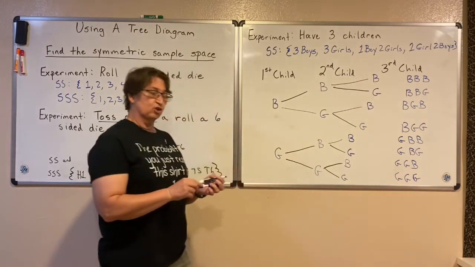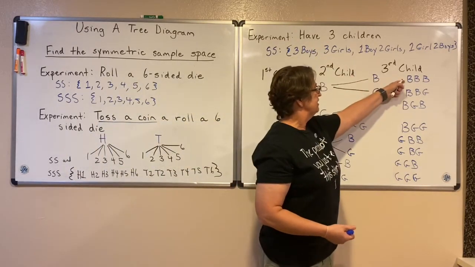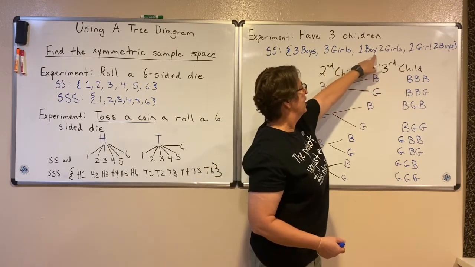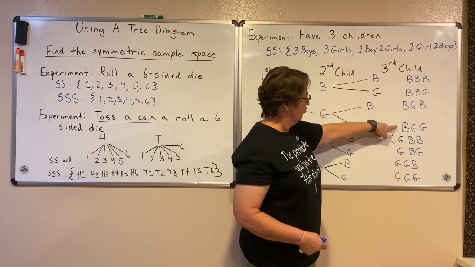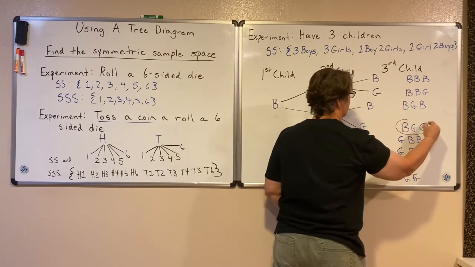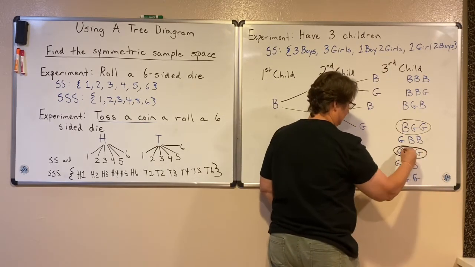So now let's look and see, is it equally likely that I have all boys? Does that have the same likelihood as having 1 boy and 2 girls? So let's look and see, 1 boy and 2 girls, how many times does that show up?